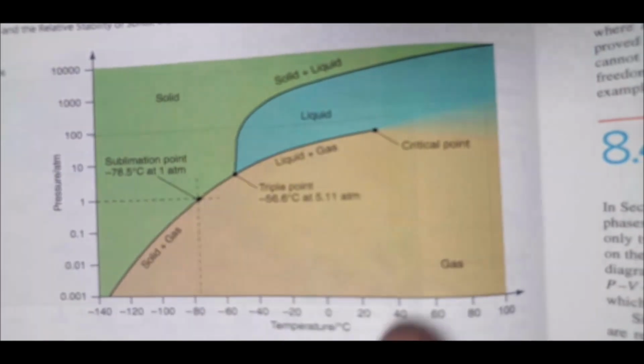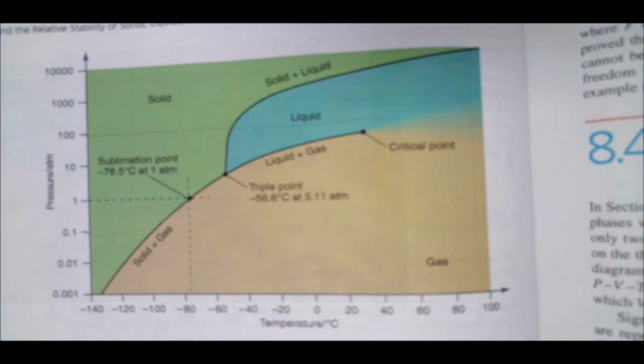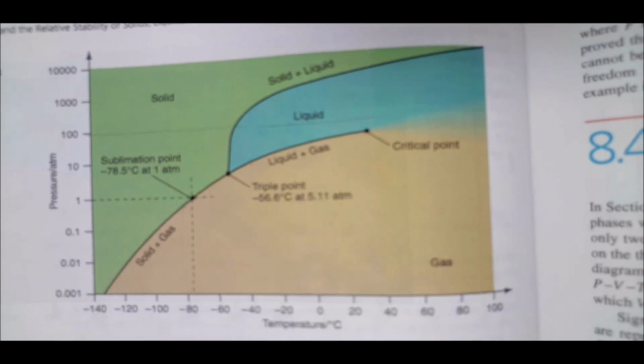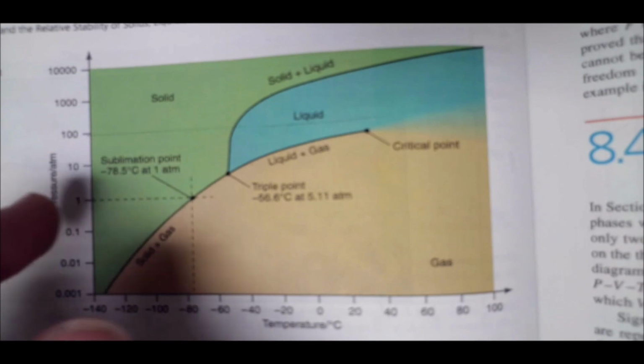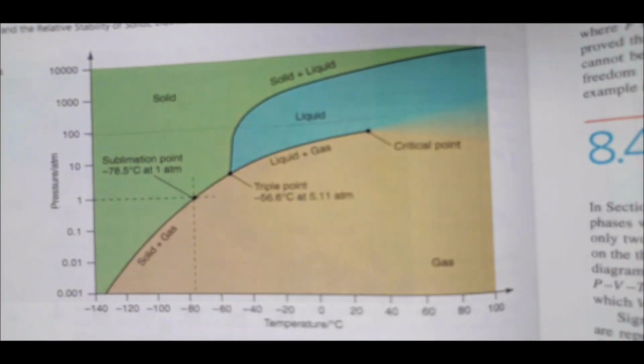The critical point is right there, about, hard to say, maybe 80 or 90 atmospheres. So between 80 atmospheres and the triple point, which is 5.11 atmospheres, somewhere between those two, as we heat, it will go solid to liquid to gas. So that's all we can limit that.